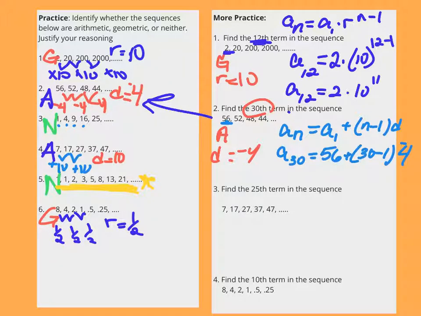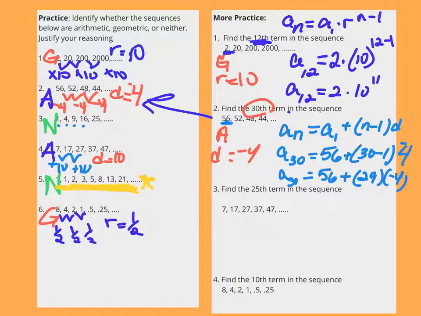So when I go ahead to simplify this, I'm looking at a sub 30 is 56 plus 30 minus 1 is going to be 29 times that negative 4. Again, I don't have my calculator, so I won't be able to simplify that, but I'll let you simplify that to find the 30th term.